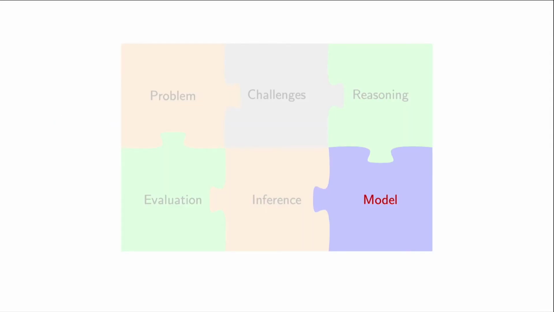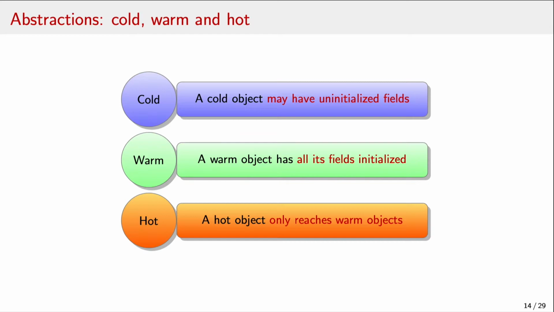Based on the insight of local reasoning, now we're going to develop a type-based model for safe initialization. A type system depends on abstractions. We propose three abstractions for initialization, namely cold, warm, and hot. A cold object may have uninitialized fields.